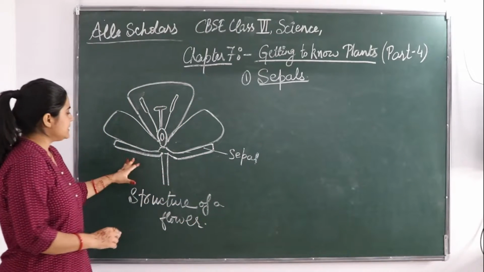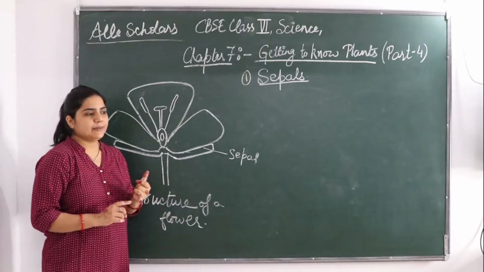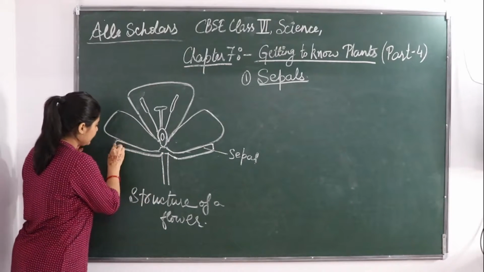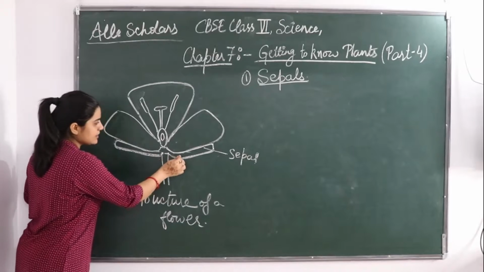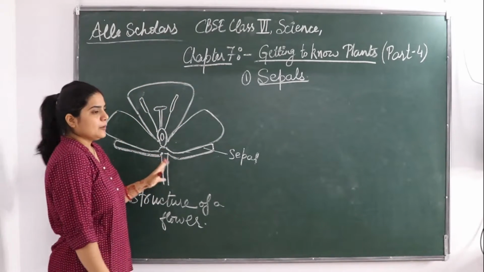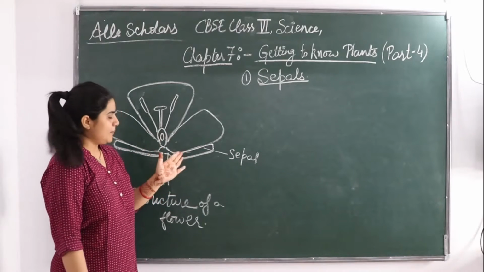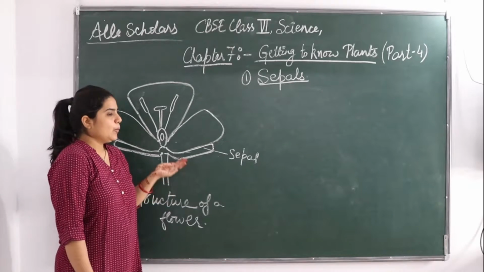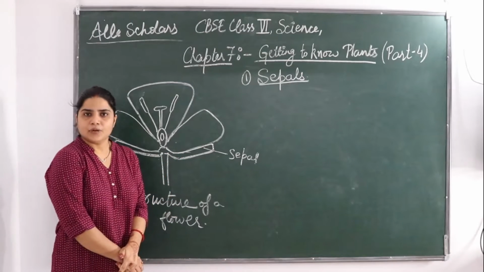Their function is that they protect the inner part of the flower. Since they are the outer part, you can see these. The inner part of the flower is being protected by the sepals. They protect the inner part of the flower while it is still a bud.